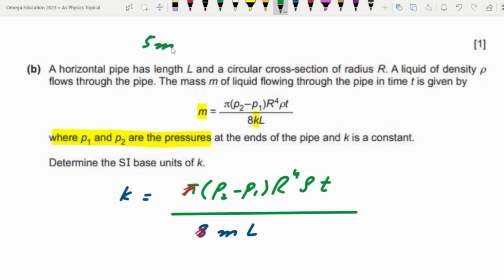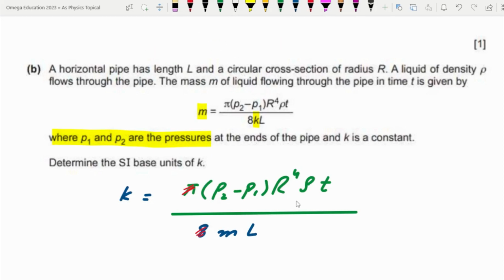We subtract 3 meters from 5 meters. Do we get the final answer as 2 only, or do we get the unit as well? We do get the unit as well. So 2 meters, we write the unit as it is. Nothing happens to the unit. Unit is written as it is if you add or subtract the quantities.